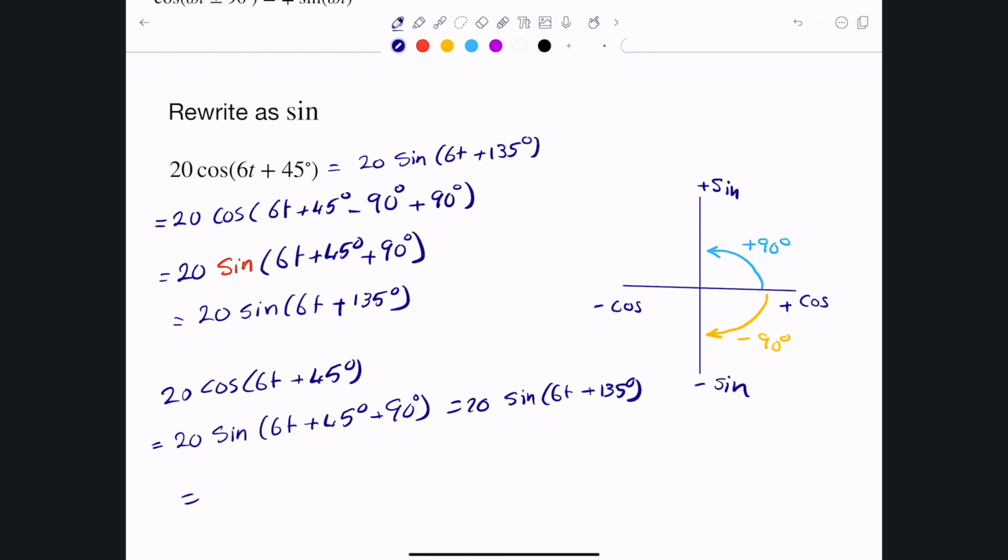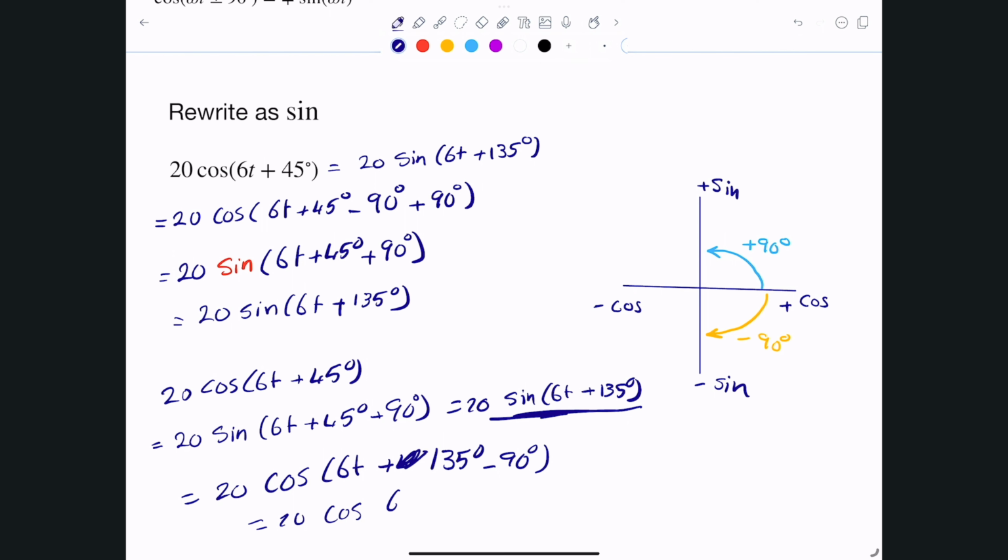So it's the same as 20 cos(6t + ...). Well, not 45, because we're at 135 degrees, since we're converting this one now. Because I'm converting from sine to cosine, I subtract 90 degrees, and that will be 20 cos(6t + 135 minus 90 degrees). We should get 45 degrees, because this is where we started.